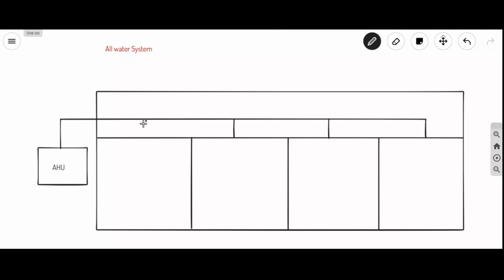We connect the AHU to the chiller. Hope you got the point, right?